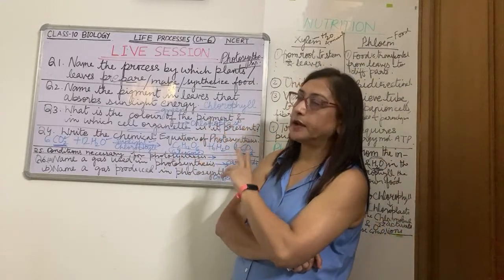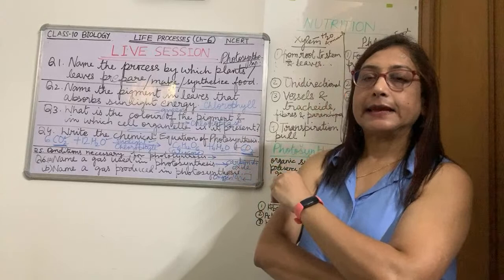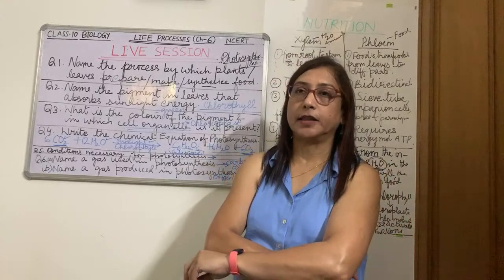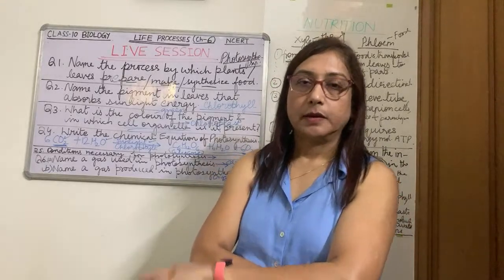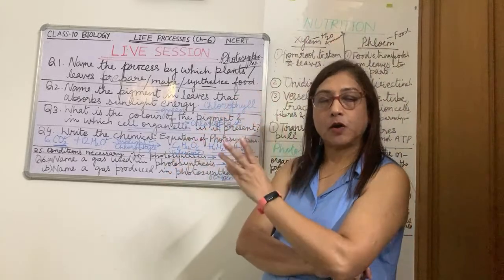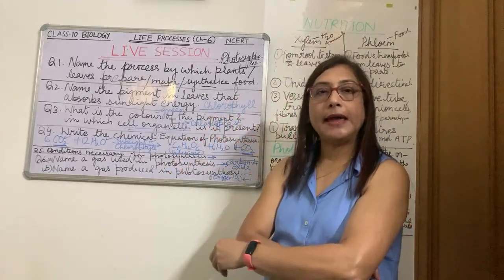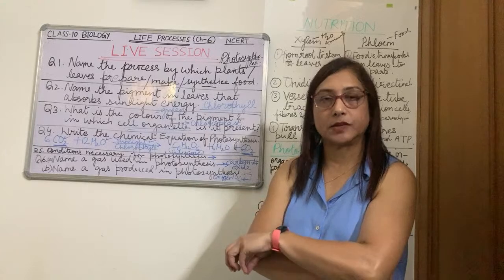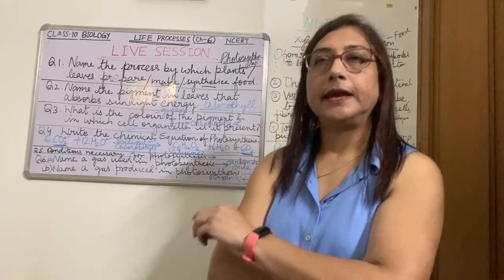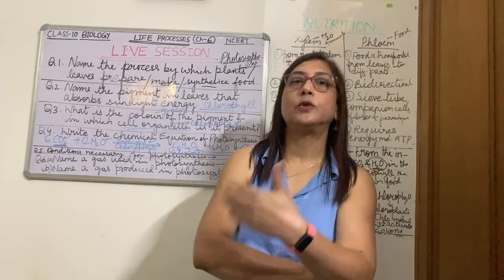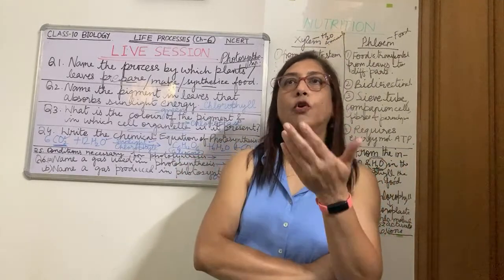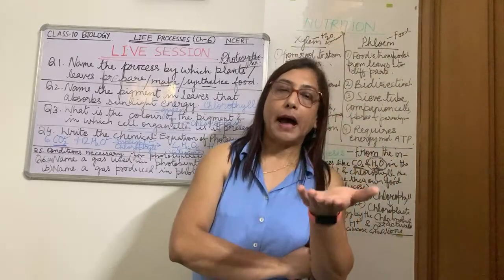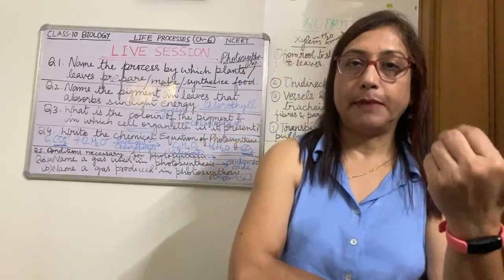This atmospheric nitrogen gas is taken up by some bacteria in the soil, known as nitrogen fixing bacteria, and they convert this nitrogen gas into ammonia, and ammonia is then converted into nitrites and nitrates by nitrifying bacteria.